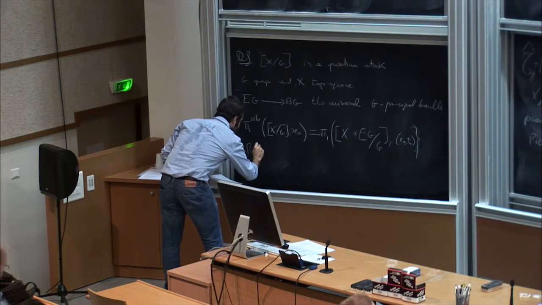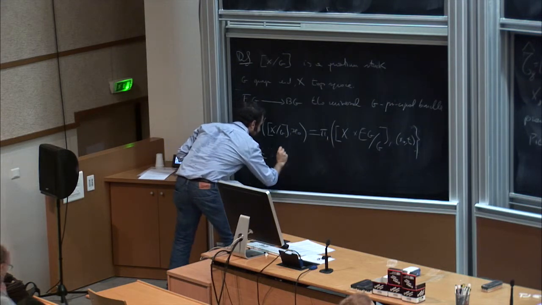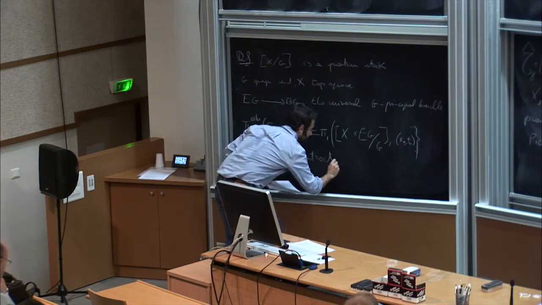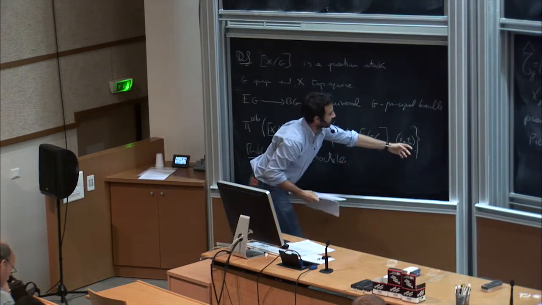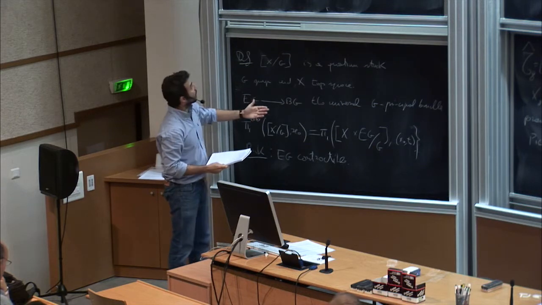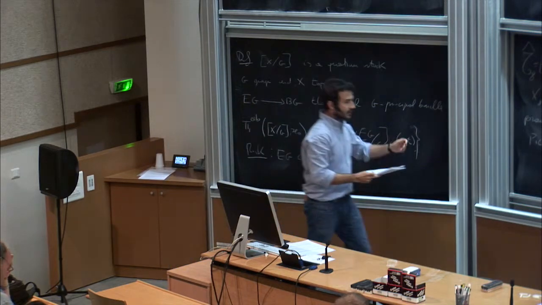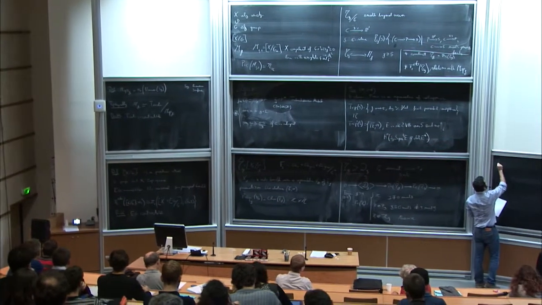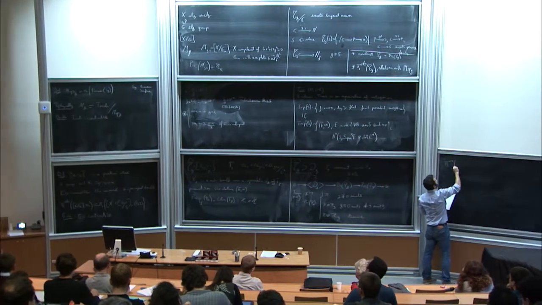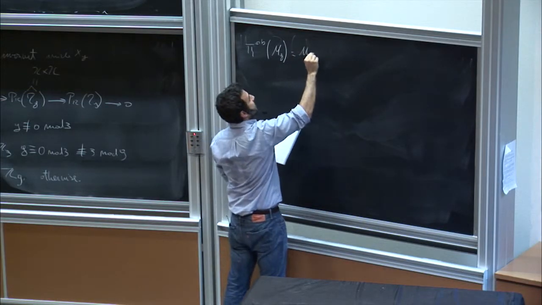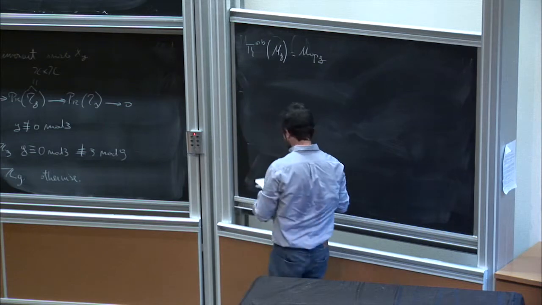Again, remark, EG is contractible. This allows me to take any t here. Okay, so in this sense, it makes very much sense to state that the orbifold fundamental group of M_g is the mapping class group defined above.